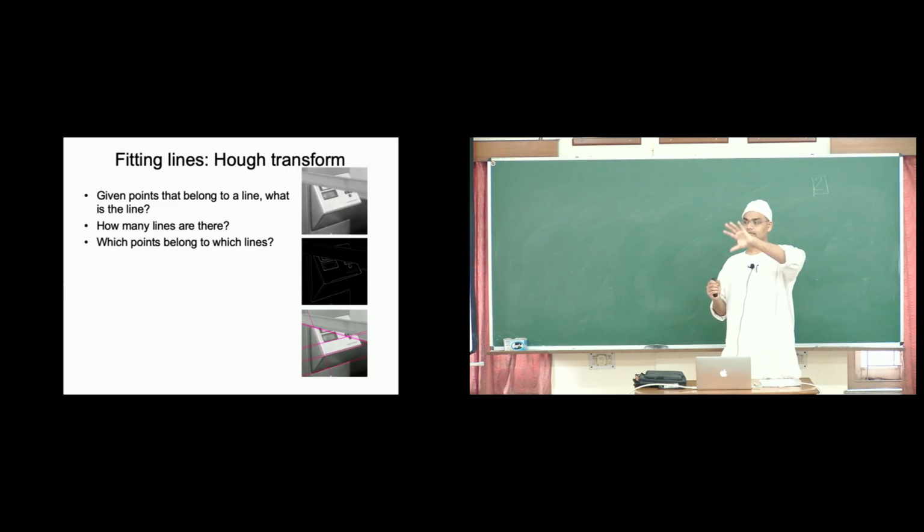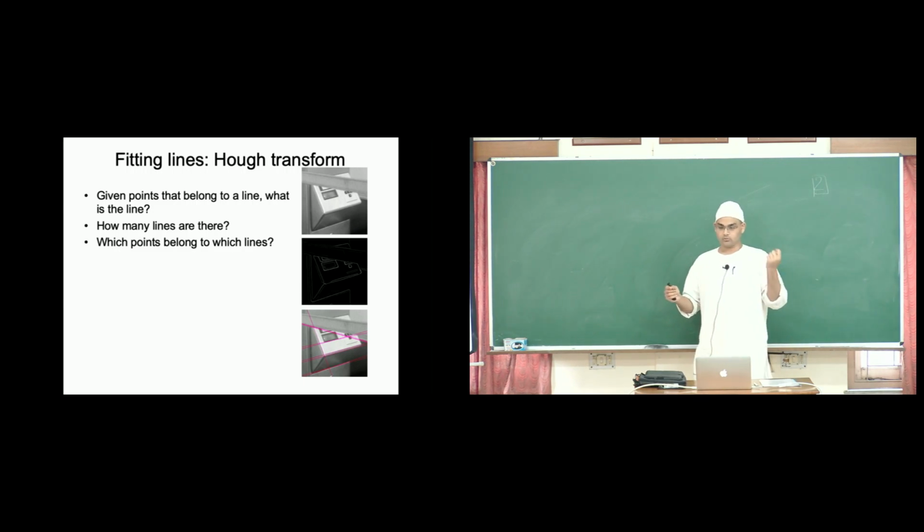It is kind of the maximum number of votes you are counting. Eventually you will get many. If it is a grid structure you need to assume, then are you looking for only the maximum one or many others? Like if you want to get 3 lines, then you need to take the 3 most important points. Okay? 3 candidates you need to pick. Which points belong to which lines? Actually one point can belong to multiple lines, that is possible.